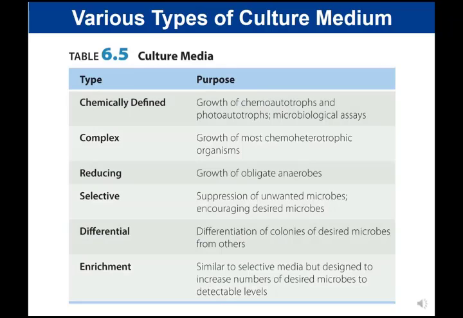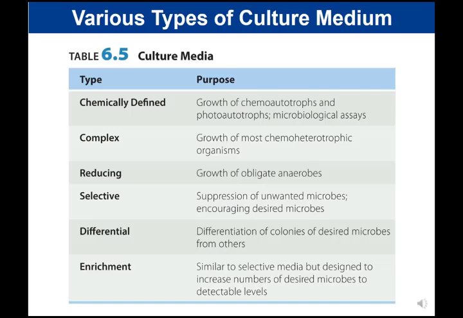Reducing media is used for the growth of obligate anaerobes. It has ingredients like sodium thioglycolate or L-cysteine, which are used to make the media anaerobic. Selective media is going to suppress unwanted microbes but encourage desired microbes.